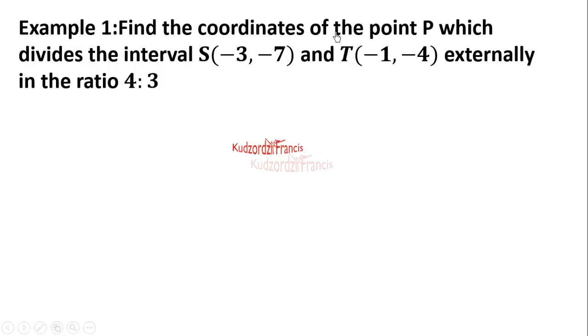Find the coordinates of the point P which divides the interval s -3, -7 and t -1, -4 externally in the ratio 4:3.